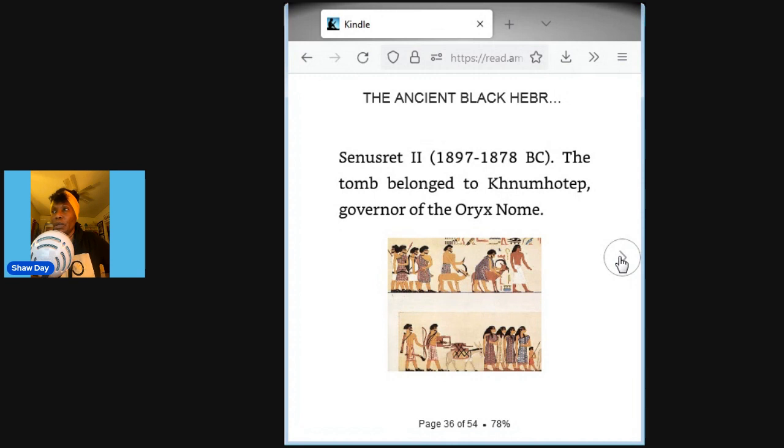The tomb belonged to Khnumhotep, governor of Oryx Nome. Now here's some paintings by a painter from Australia. I'm going to read about that painter, and his name was Lepsius. So he painted the ancient Israelites and the ancient Egyptians.